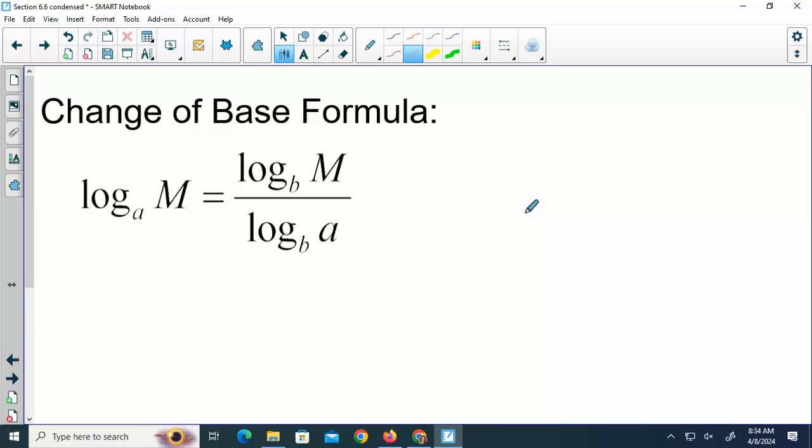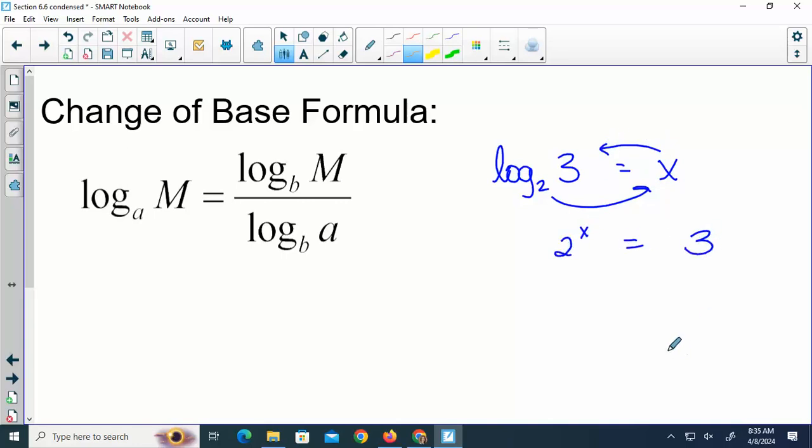This has to do with exponentials. If I said log base 2 of 3, can we easily put that in our calculator? Now, if you have one of my calculators, there's a way to get there, but if you have the more basic ones, there is no option. So if we were setting this as an exponential, what that means is 2 to the x power equals 3, right? Can we get a common base?